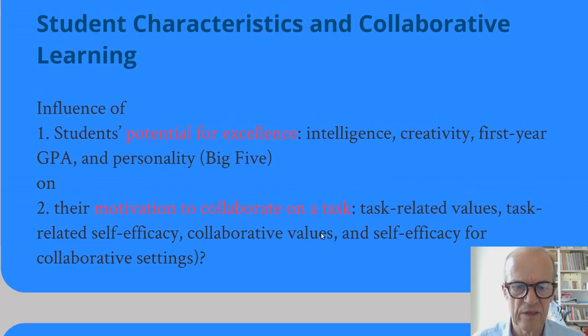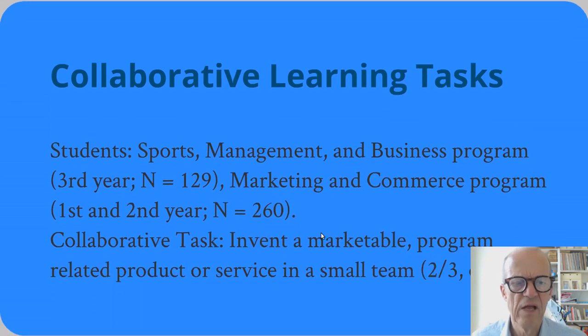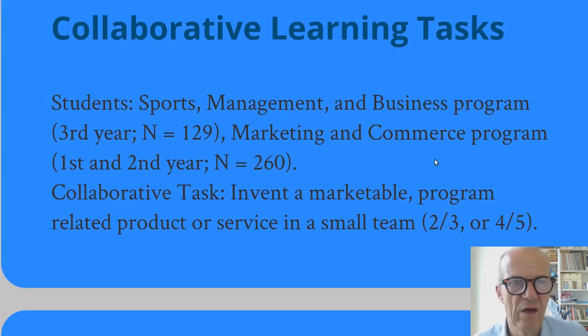The task was, I think I have written that down, yes, here. The task was completed by students in their third year, as I said, in a University of Applied Sciences, in a sports management and business program, and also in a marketing and commerce program, first and second year. So quite a large sample of students. They were in a sort of introductory camp at the beginning of the year, and they worked on programs throughout the days of the camp.